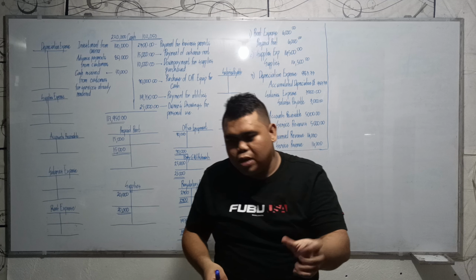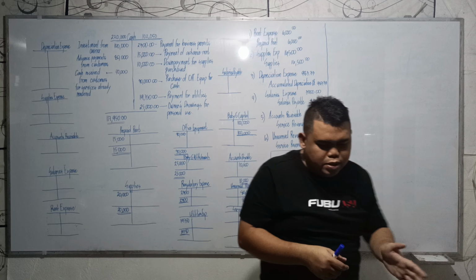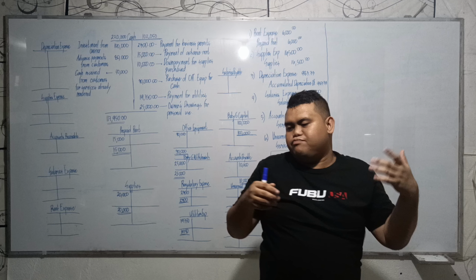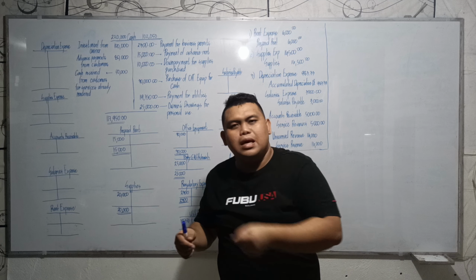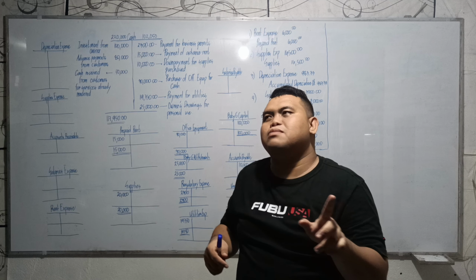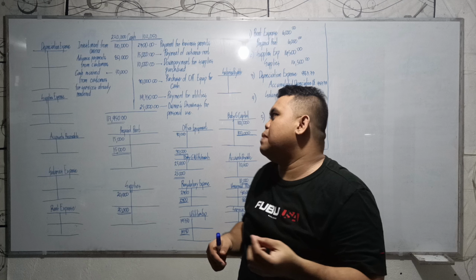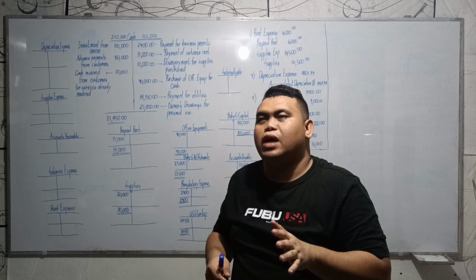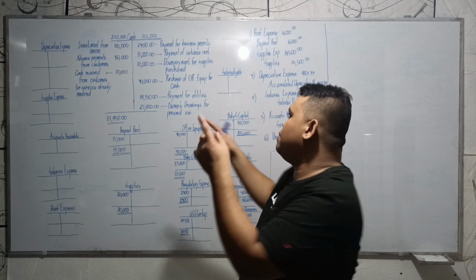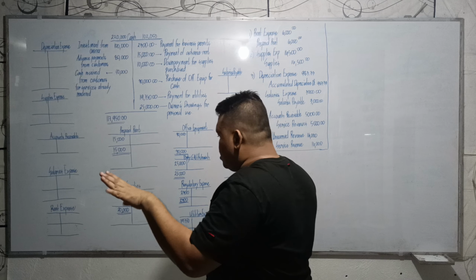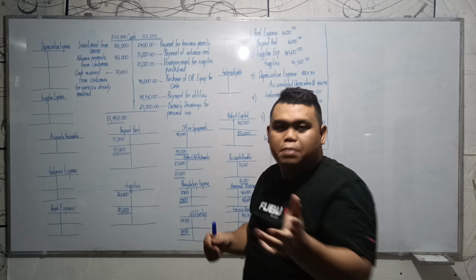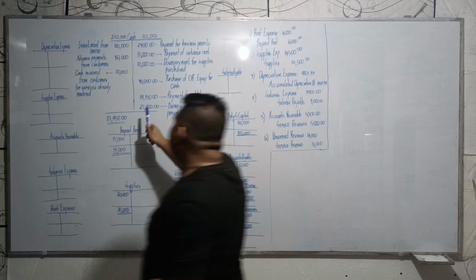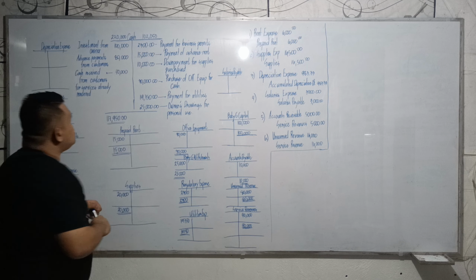So, before we start doing the cash flow statement, let me tell you that the cash flow statement is the one that will explain why your ending cash balance is just like that. For example, in our comprehensive example, Baby J company, we have here the T account.